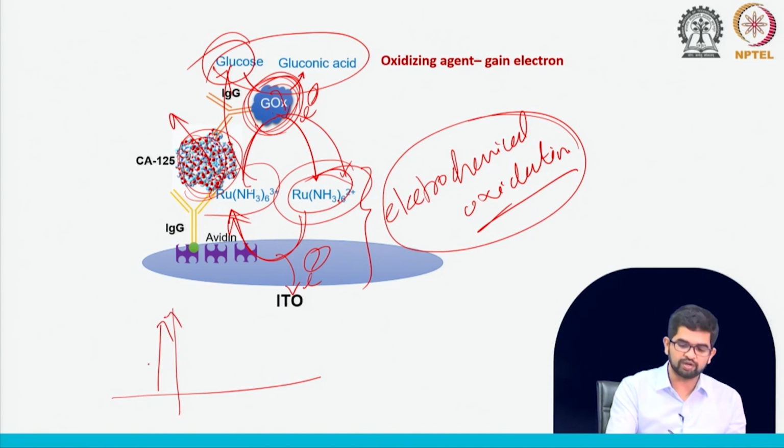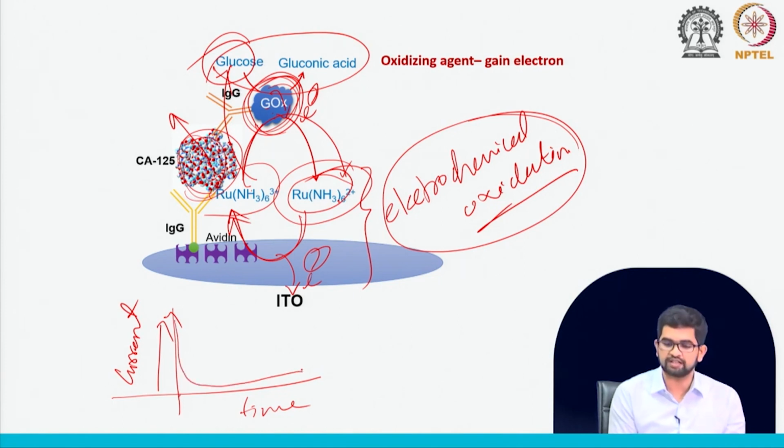For example, if we want to measure just current with respect to time, if you have a low concentration of ruthenium hexamine 2 plus, suppose you are getting this much current, and now if you have more target with more glucose oxidase and more ruthenium hexamine 2 plus forms, then we will get more current.